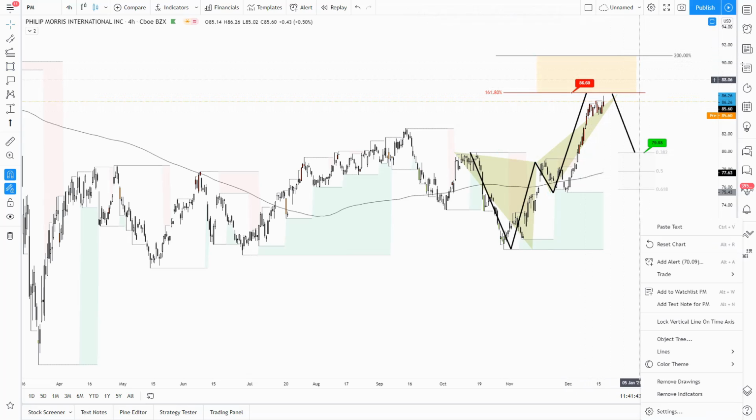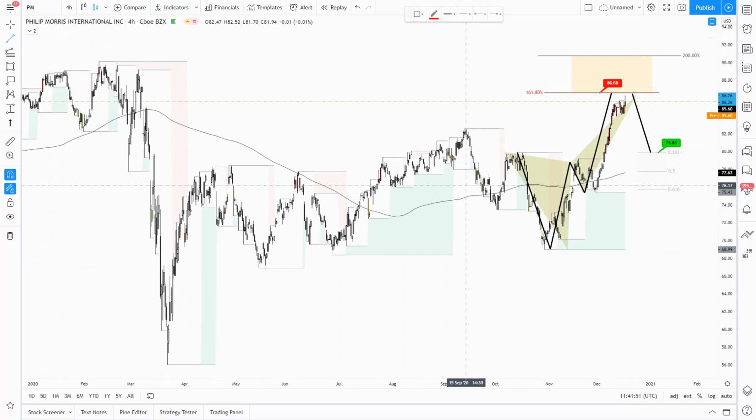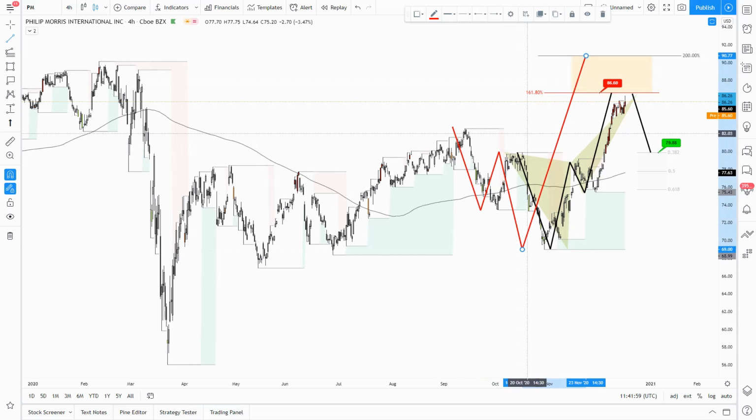If the market decides to approach those previous structure highs, also the 200% Fibonacci level, I will see it like this. So actually I don't need this one.